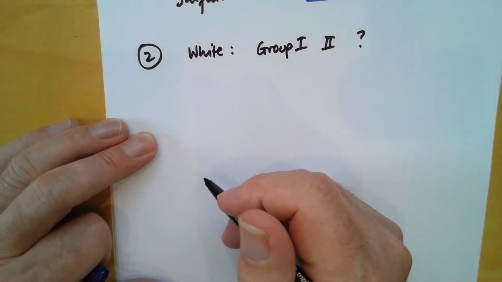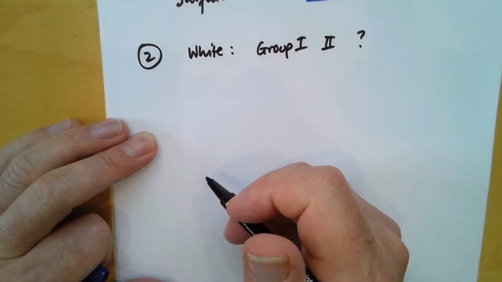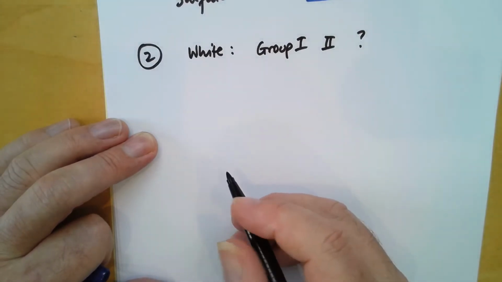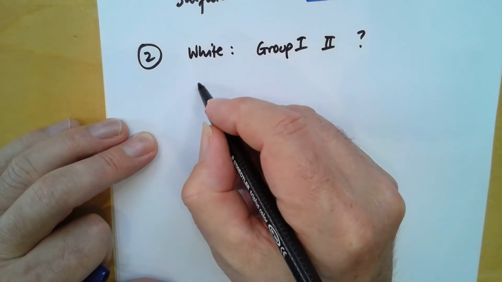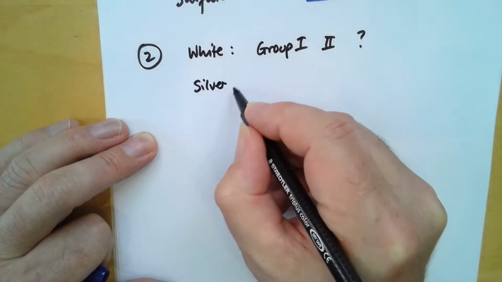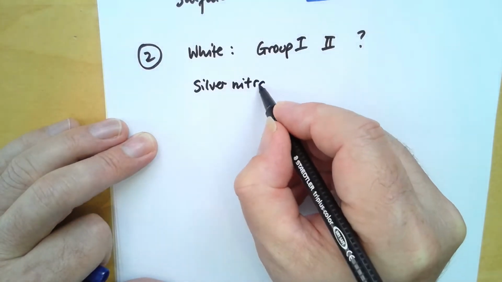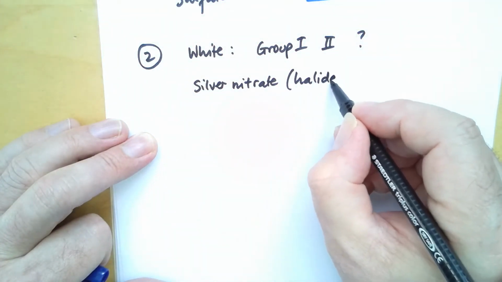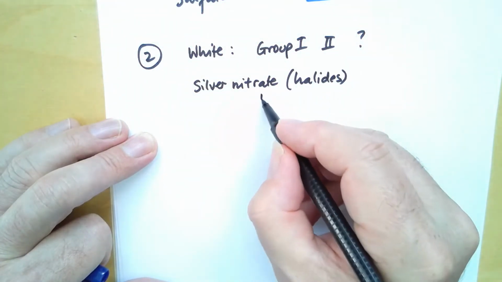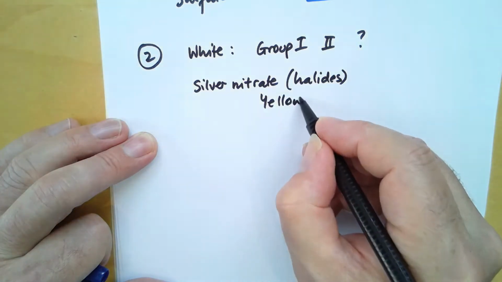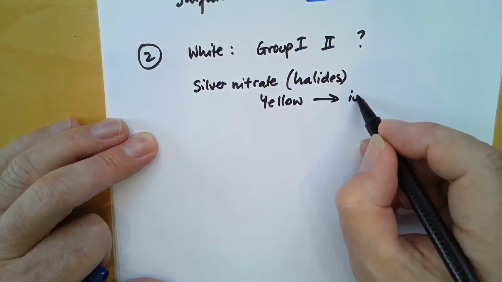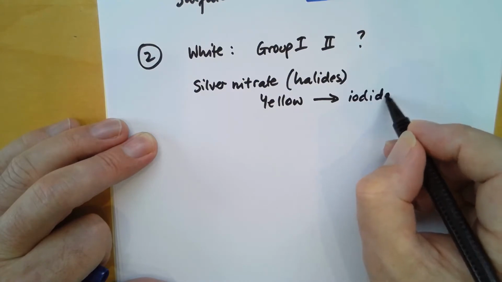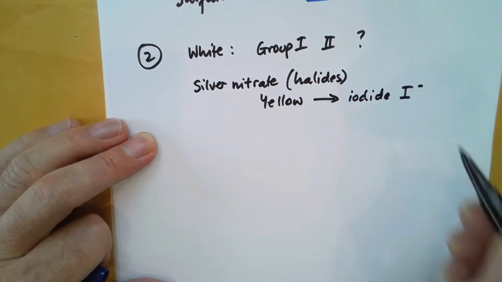The solution is acidified with nitric acid and silver nitrate is added. So those are tests. Silver nitrate is the test for halides. And we get a yellow precipitate. Yellow precipitate tells us it is an iodide. We have I- ions present.